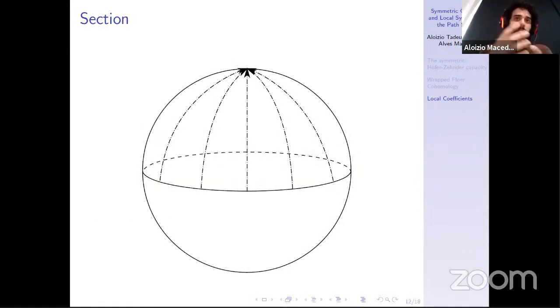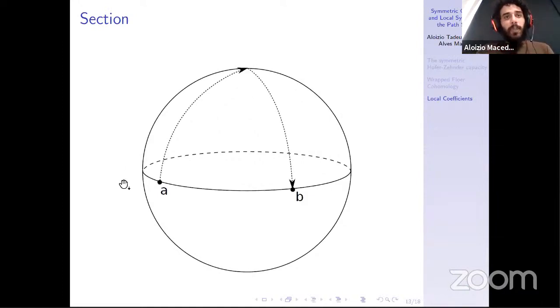S1, of course, is null-homotopic inside S2. So we can, for example, take S1 and contract it to the North Pole. So given 2 points in S1, we can just follow the contraction in half the path, and then take the reverse path to take us to the other point. So this provides us a section when we have this hypothesis of the inclusion being null-homotopic.